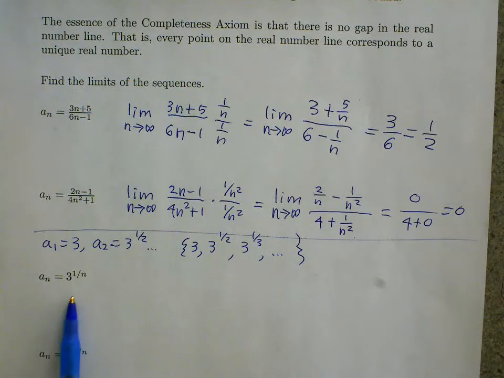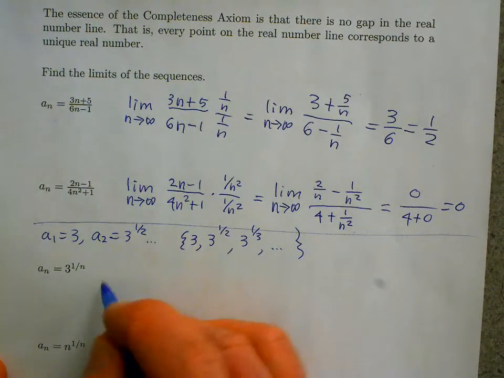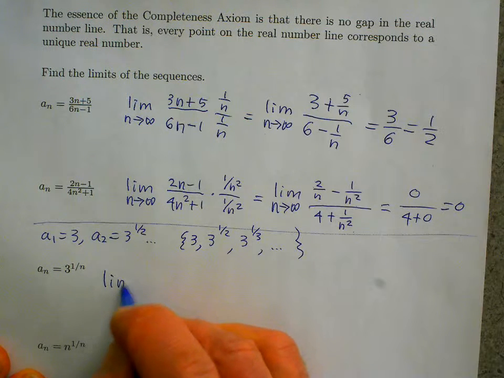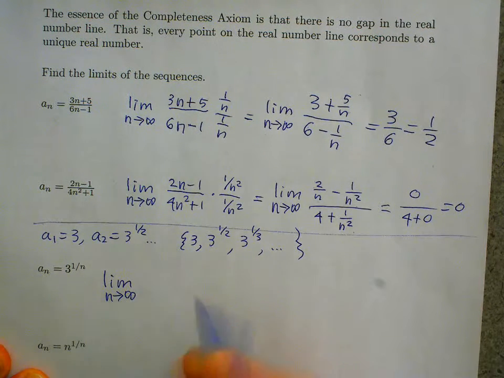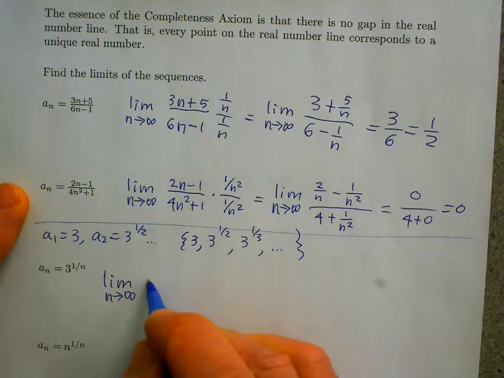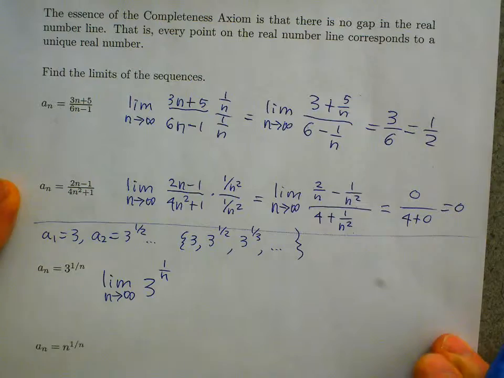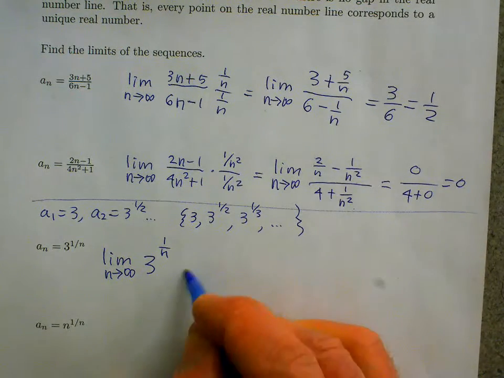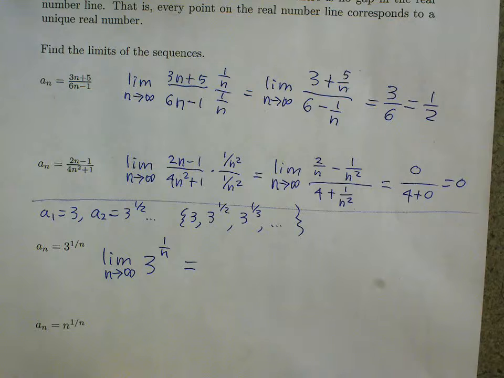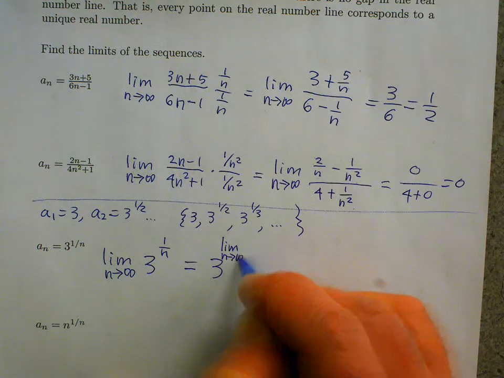Okay, to determine what the limit of that sequence is, the limit as n approaches infinity of 3 to the 1 over n, we can write this as 3 to the limit as n approaches infinity of 1 over n.